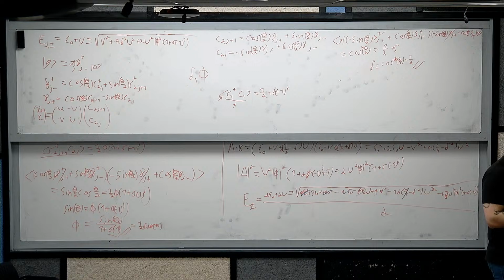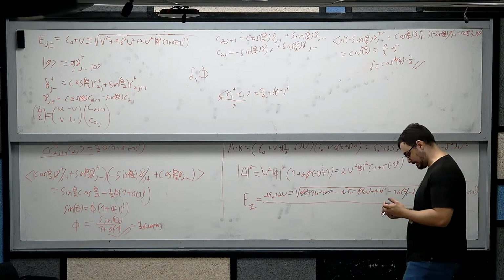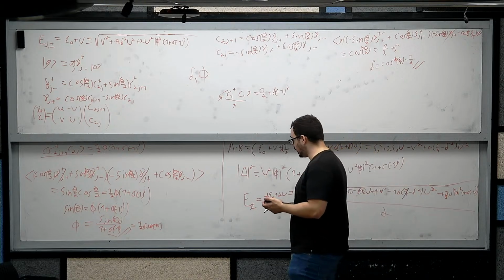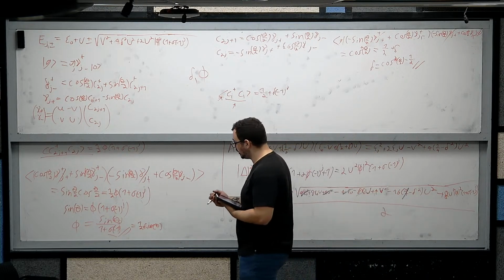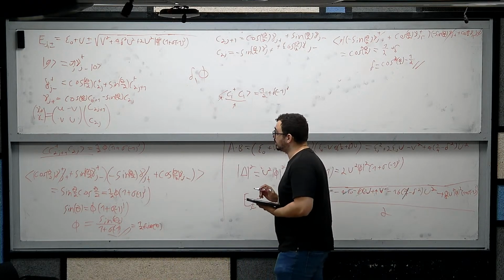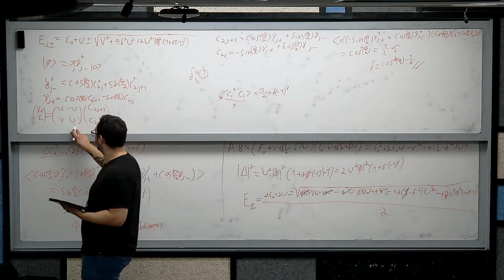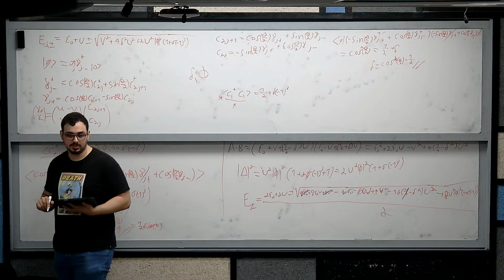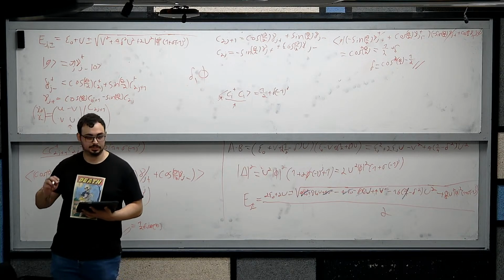So the last question, right? I didn't do it, but I'll leave it for you. The way you find theta in terms of v and u is by finding this matrix that's supposed to diagonalize your system.